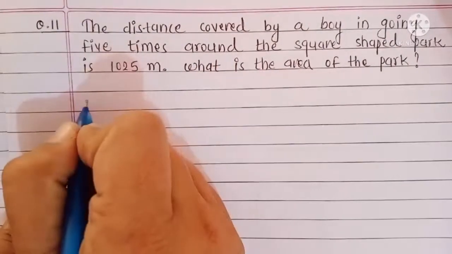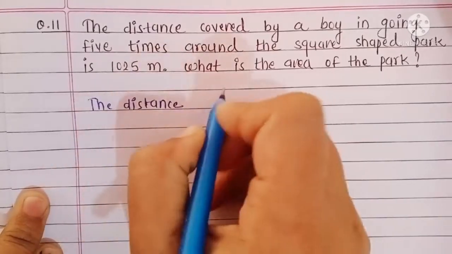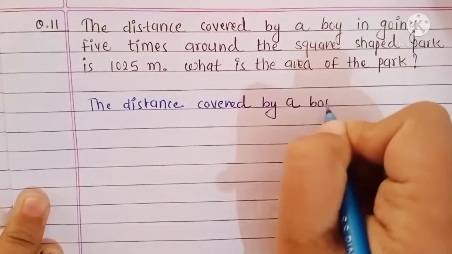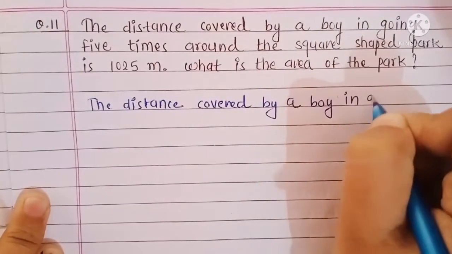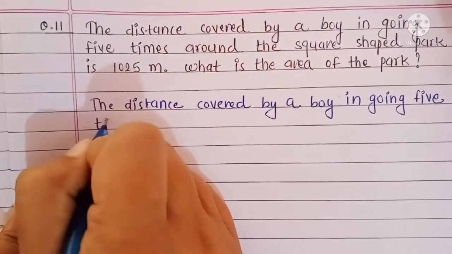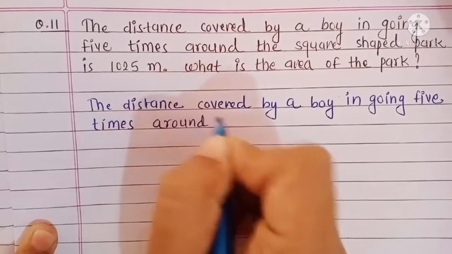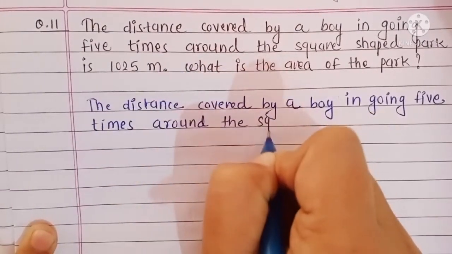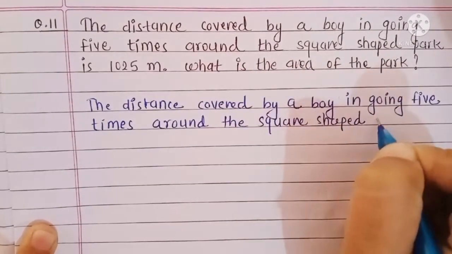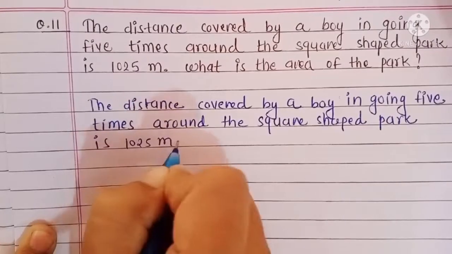So the distance covered by boy in going 5 times around the square shaped park is 1025 meter.